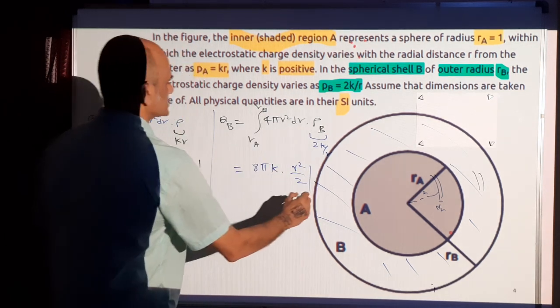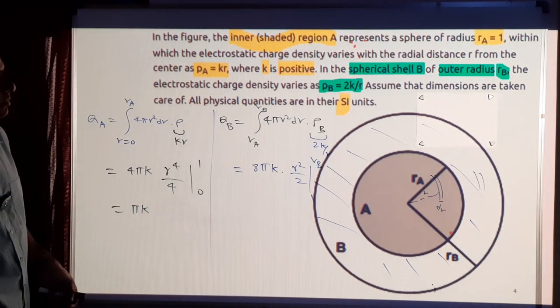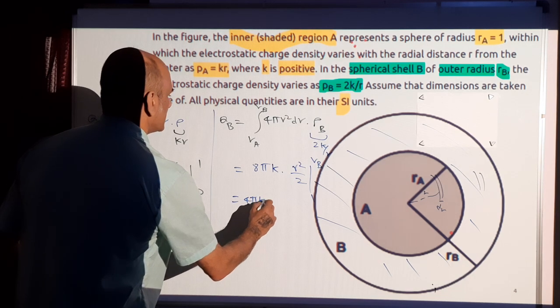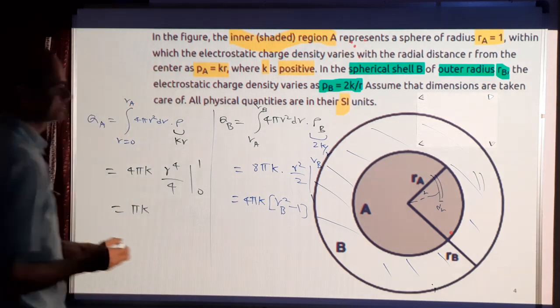Within the limits, Ra is 1 and Rb is a variable. So this will become 4 pi K into Rb square minus 1.